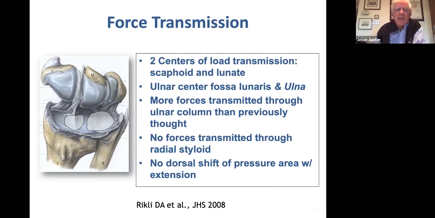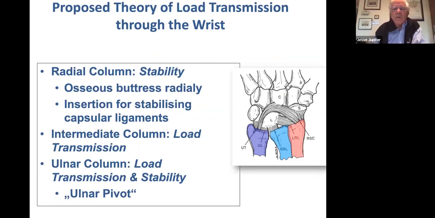Now that makes a lot of sense, because the whole way the wrist works is to prevent the lunate-capitate axis from going too far one way or another. The scaphoid flexes when you go into radial deviation, extends when you go into ulnar deviation, but we don't want that lunate-capitate axis to deviate too much, and it's the support into the lunate facet where weight bearing really occurs.